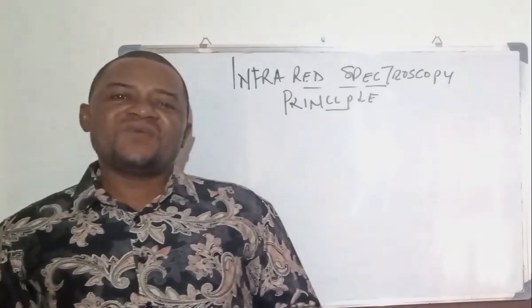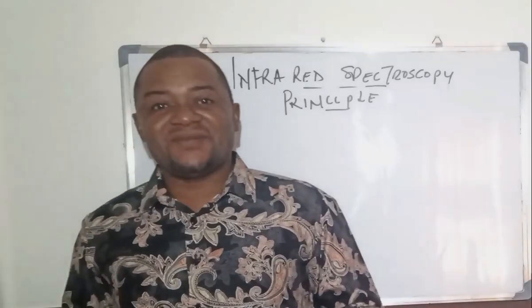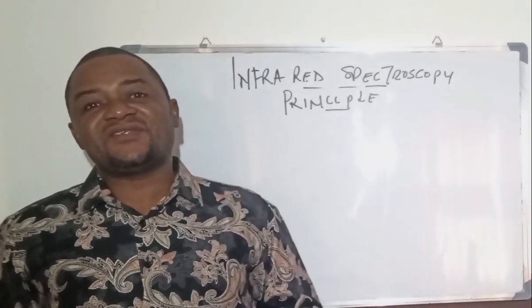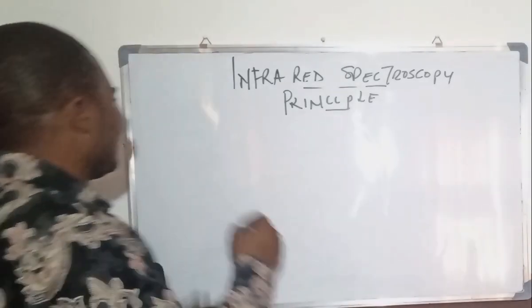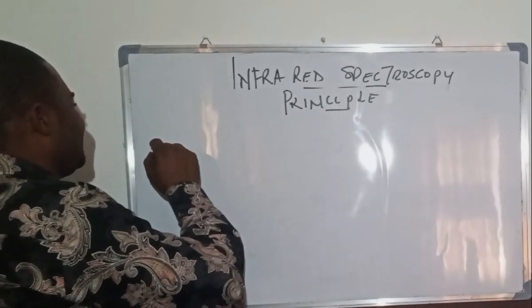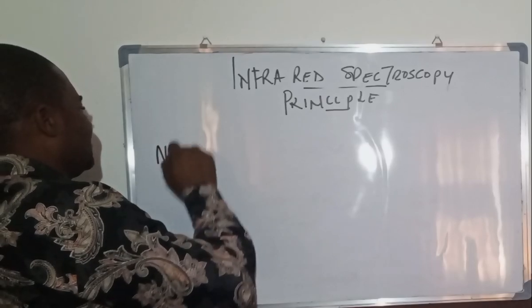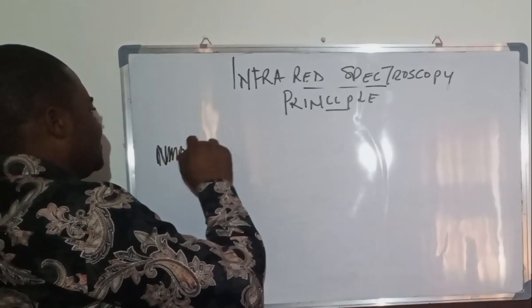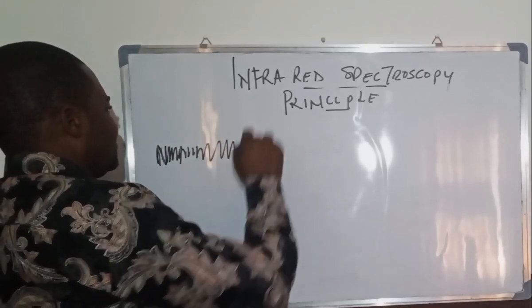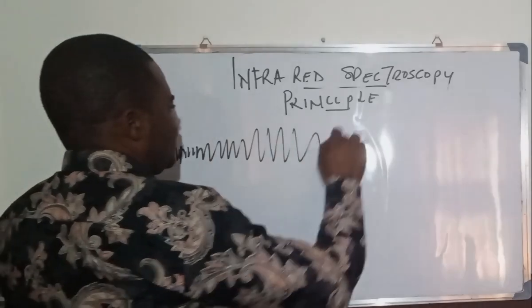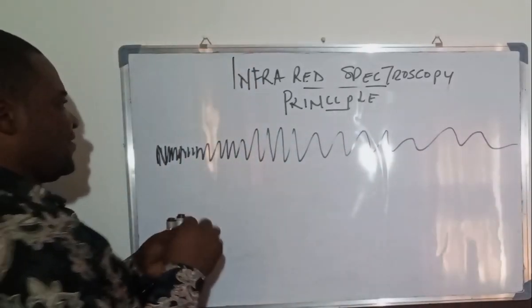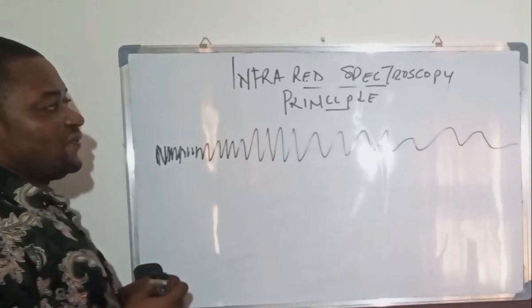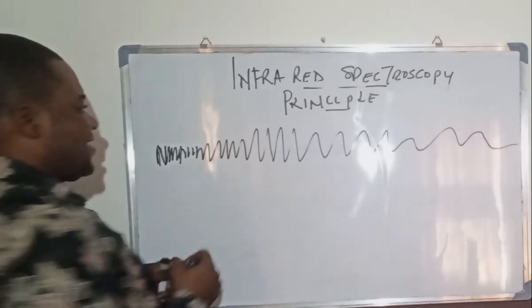Now, let us quickly put down something that will guide us in describing what infrared radiation and spectroscopy are all about. Now this is a typical electromagnetic radiation.